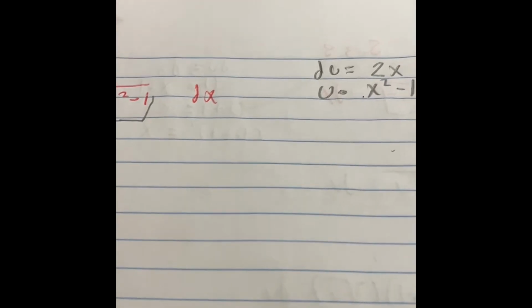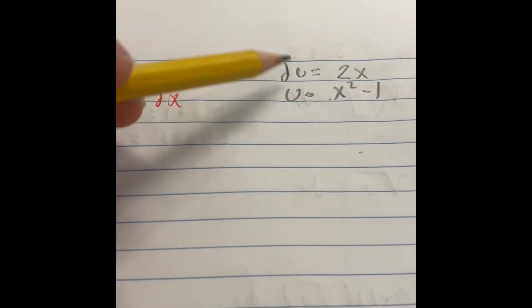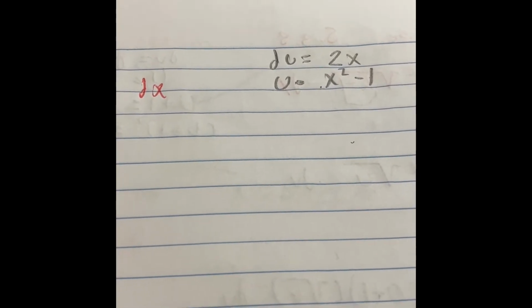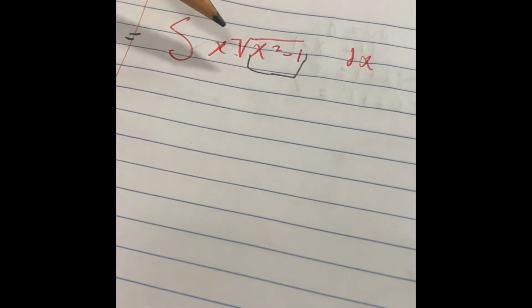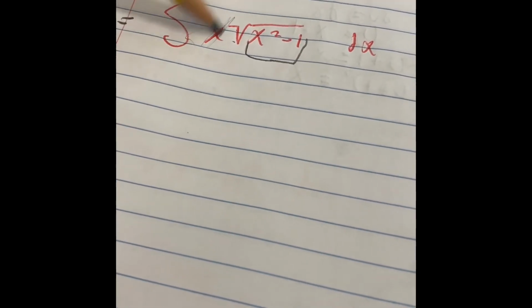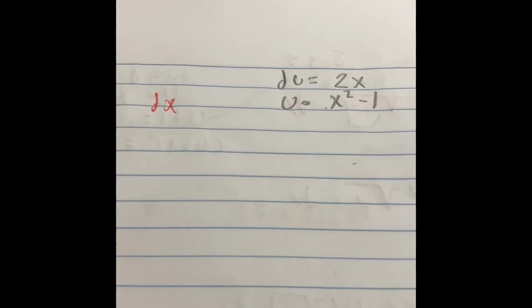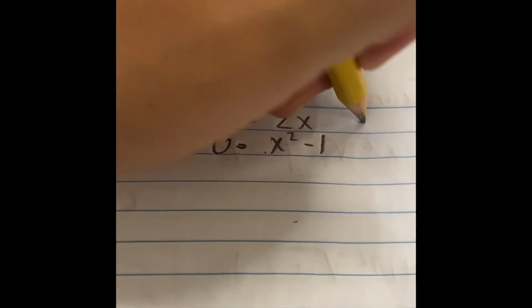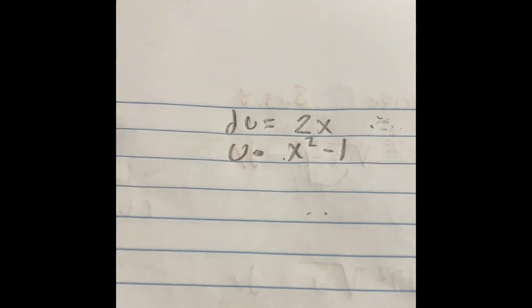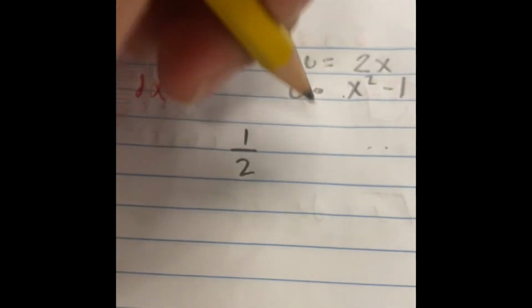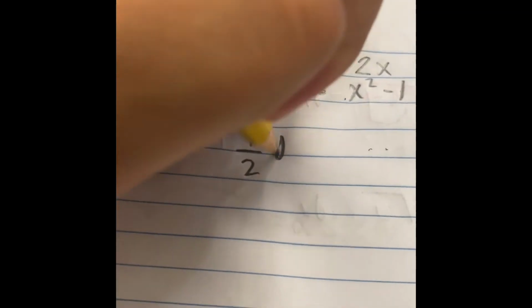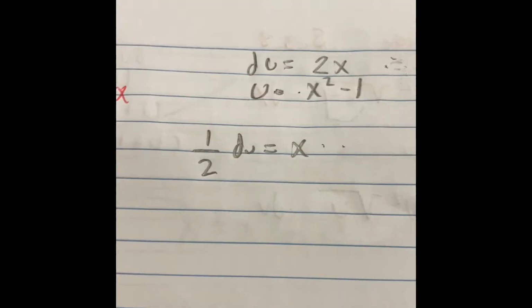Notice that with this value of du, we cannot cancel the x that is inside. So we need to find another way. If du is equal to 2x, we know that 1/2 du is going to equal x.